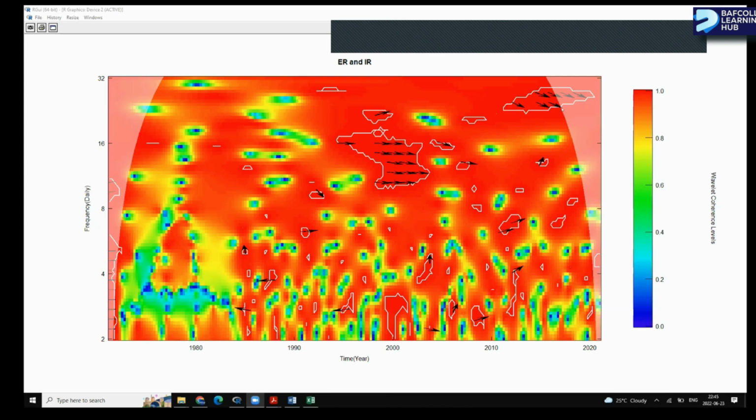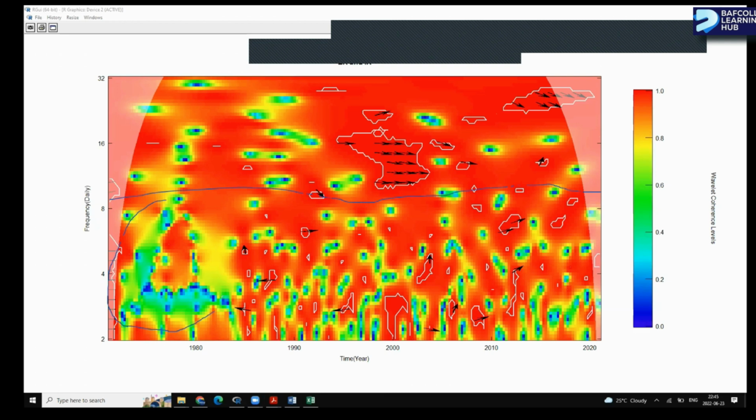In the short term, there's just sparsity of relationship and a mixture of in-phase and out-of-phase coherences, all the way to about scale 10. Nothing really is happening there, except from above. Look at this part here.